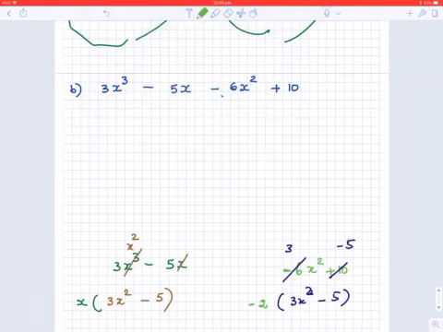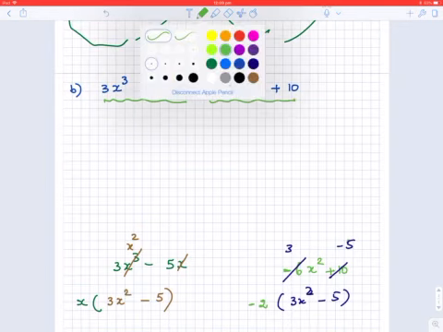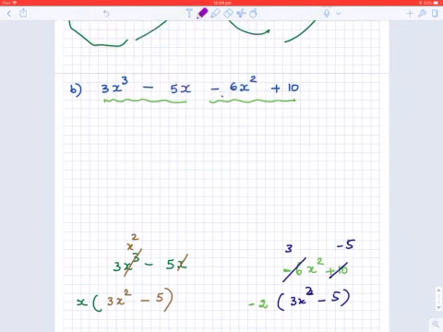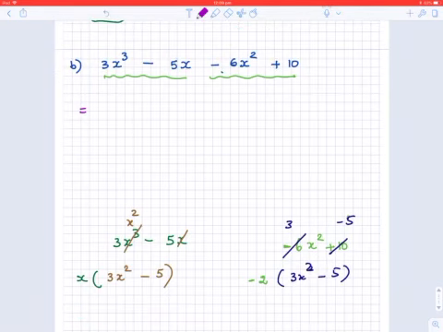So now, as I told you, we are going to group them. I'm going to group these two and these two. The first one gives me x outside. I've done that here: 3x cubed minus 5x can be factorized as x bracket 3x squared minus 5.